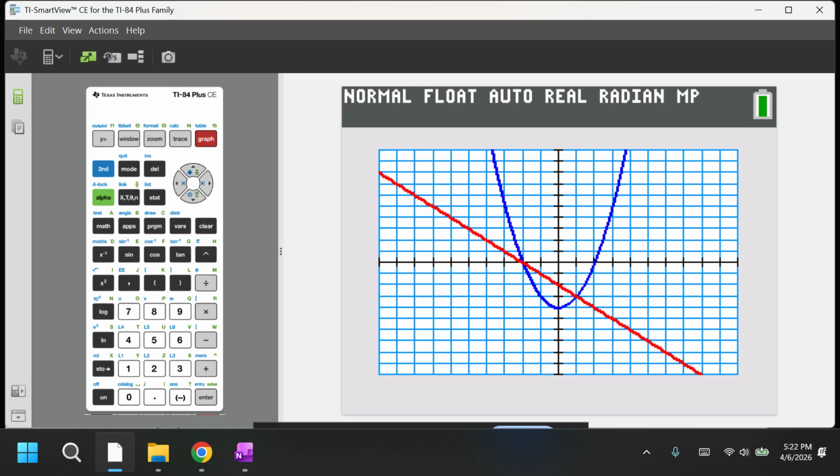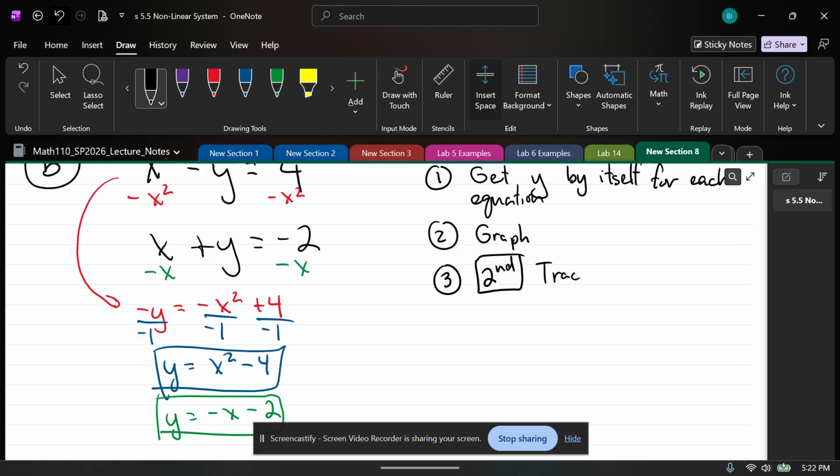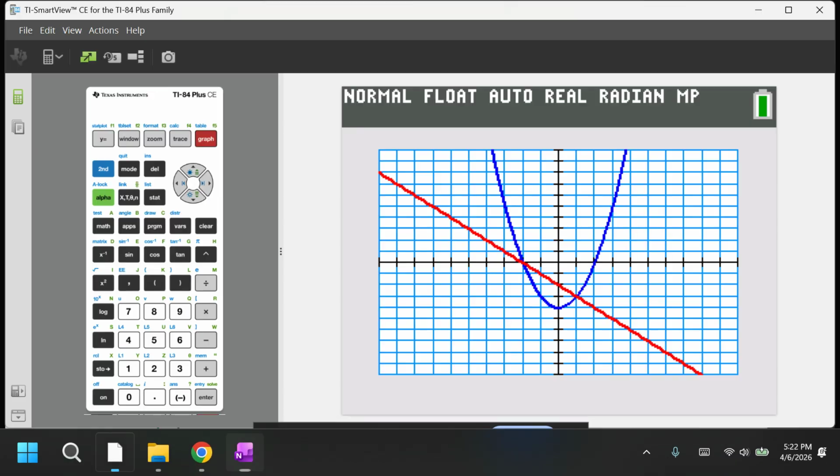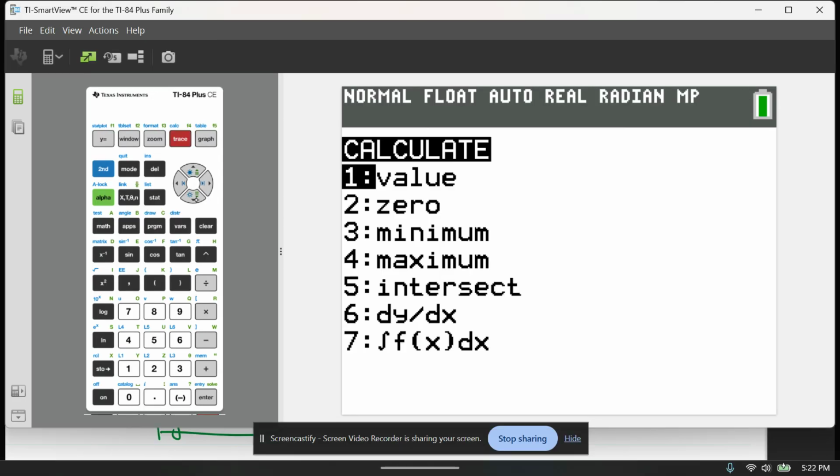To do that, step 3 is we're going to hit second and then trace. We want the intersect. So on the calculator, I'm hitting second, trace. Intersect is option 5.